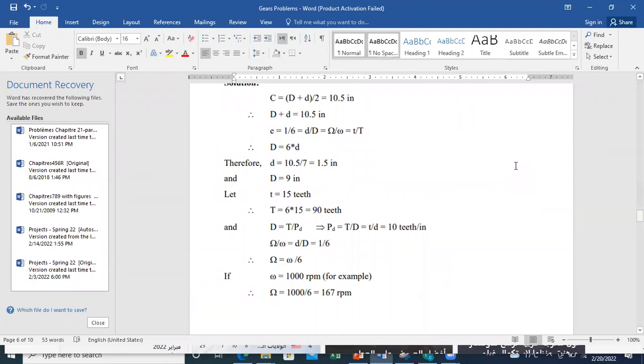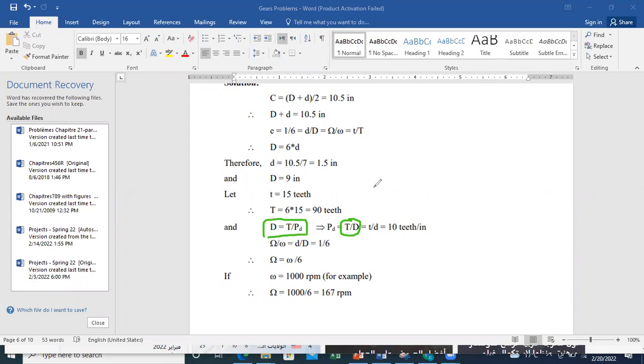So you can calculate the diametral pitch from the gear or from the pinion. You'll get exactly the same result, because PD is equal to the number of T's of your gear over the diameter of the pitch circle of the gear, and it's also equal to the ratio of the number of T's of the pinion over the diameter of the pitch circle of the pinion.